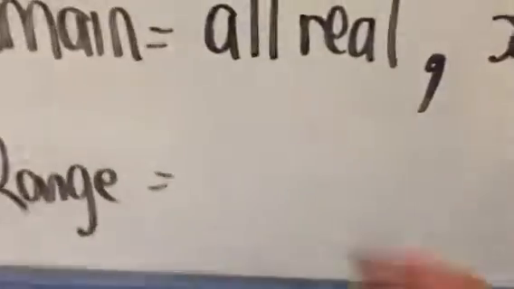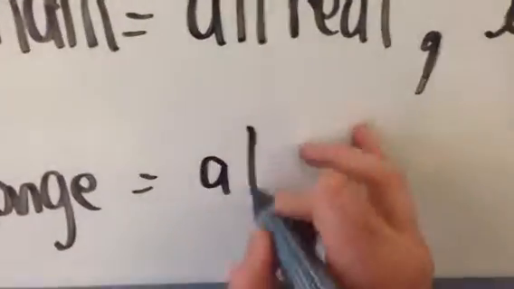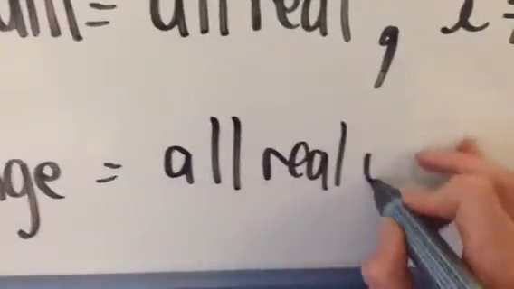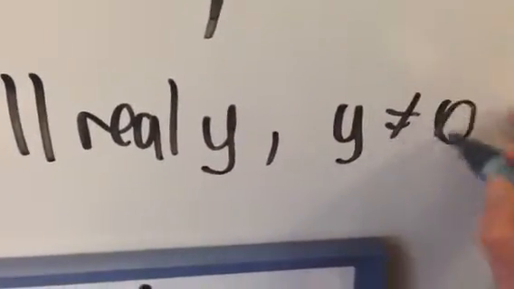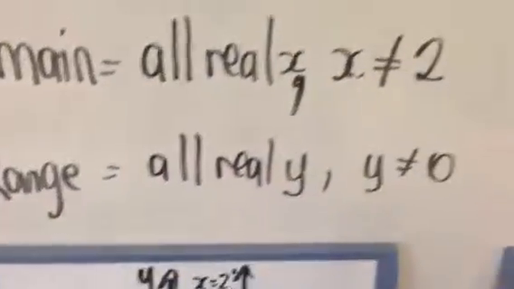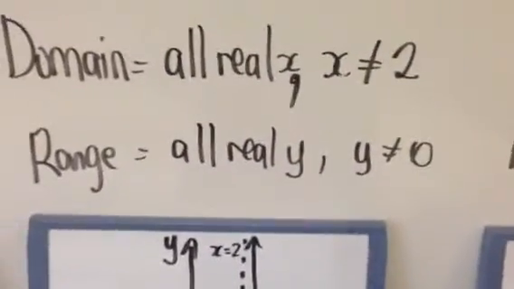So when I do my range, I say all real y, however, y cannot equal 0. I should have put an x there, sorry. All real x, but x cannot equal 0, and all real y, where y cannot equal 0.